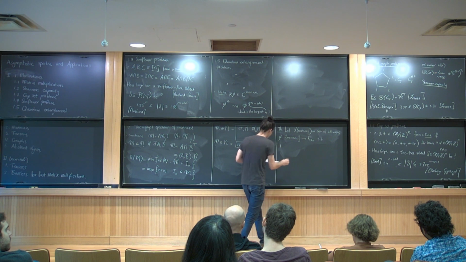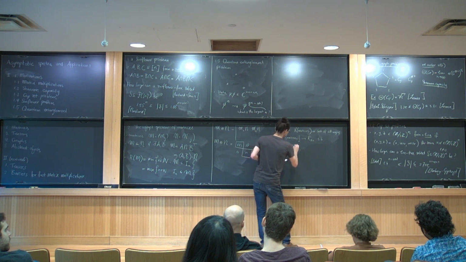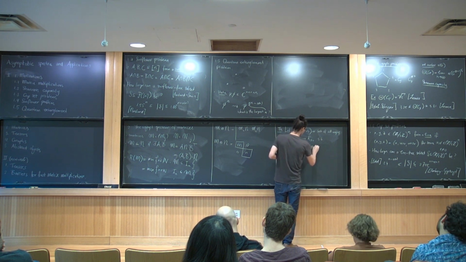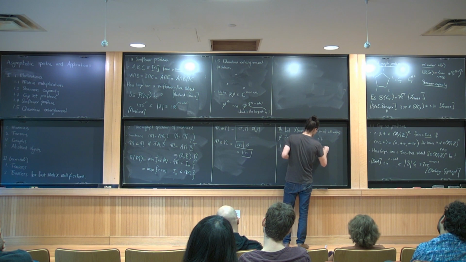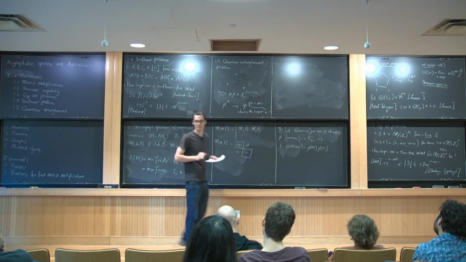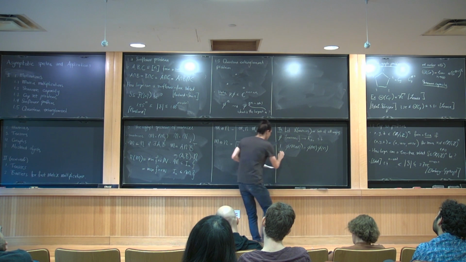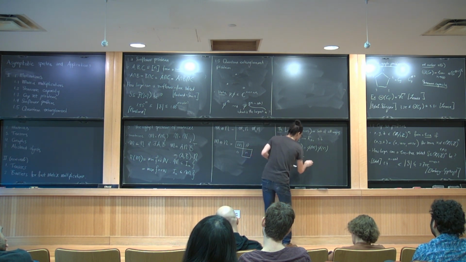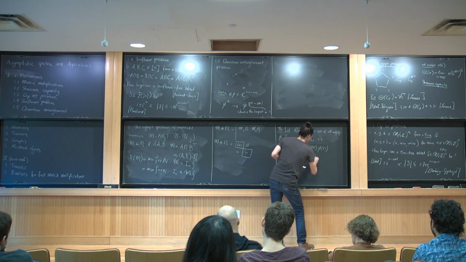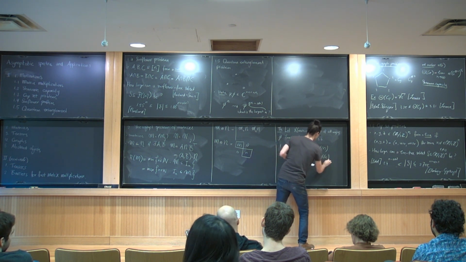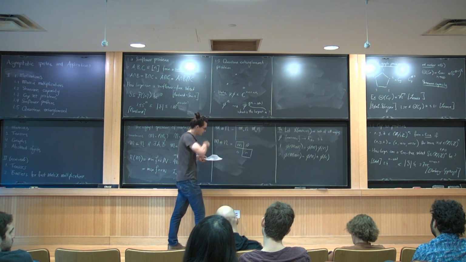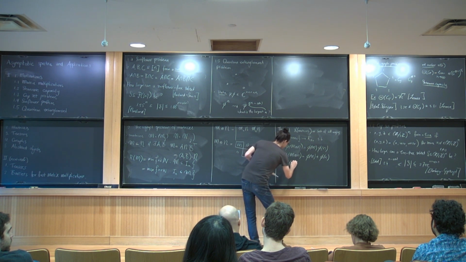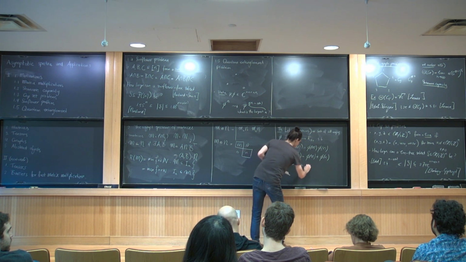four properties hold. We want phi to be multiplicative under the Kronecker product. So phi of M times N is phi of M times phi of N for any M and N. I want phi to be additive, so phi of M plus N equals phi of M plus phi of N. Phi has to be normalized in the sense that phi of the n by n identity matrix equals n.